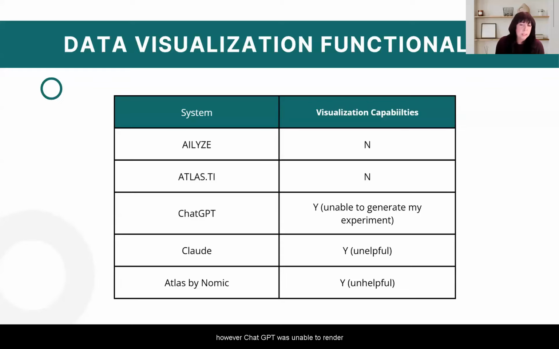However, ChatGPT was unable to render any visualizations that were relevant to my experiment. Claude could render visualizations, but they were so unhelpful that I decided to not even share them today. And then Atlas Binomic also can render visualizations, but again, they were unhelpful to the particular project that I'm undertaking at this time.